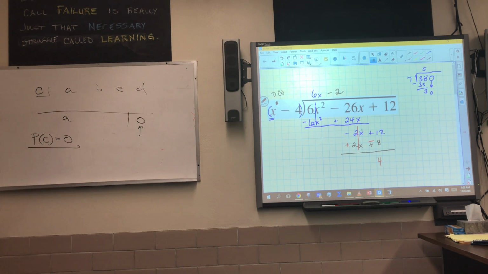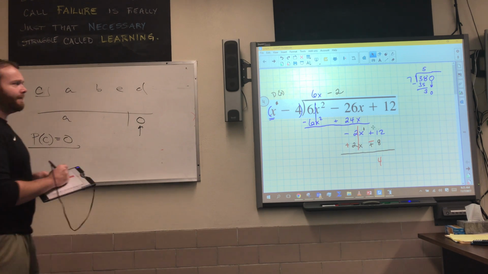At the earlier stage, we knew we were not done because that degree is 1 and that's not less than d of x's degree, right? So that's the identifier to keep going. But now I get down here, and the degree here is actually x to the 0, right? Is that degree of 0 less than the degree of d of x? So that tells us we stop at 4. And that becomes our remainder.